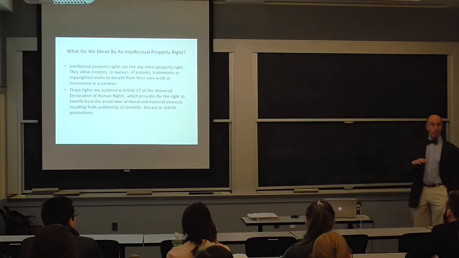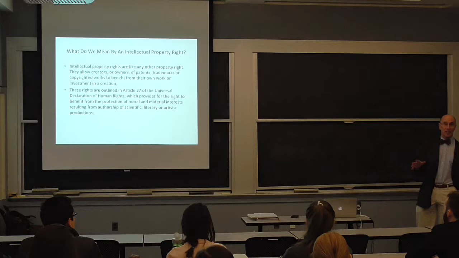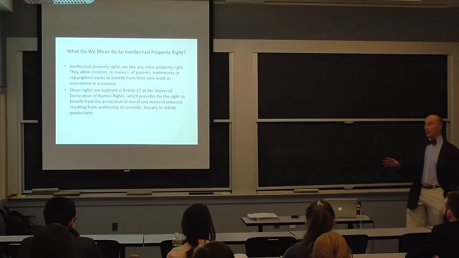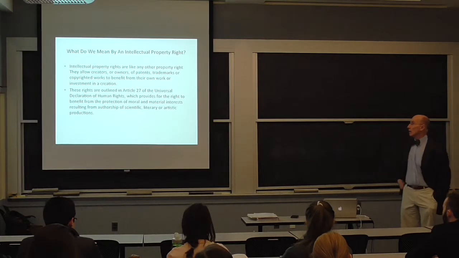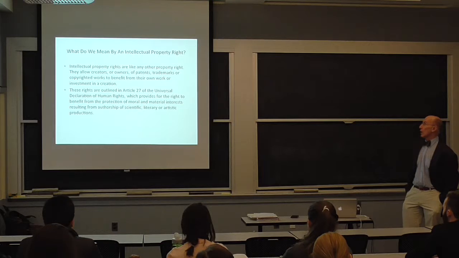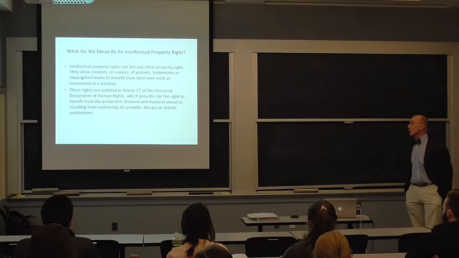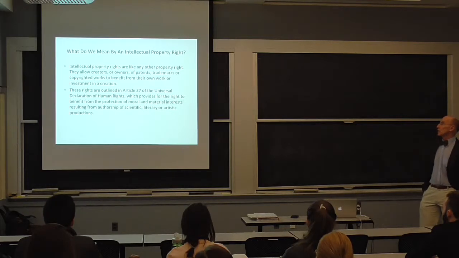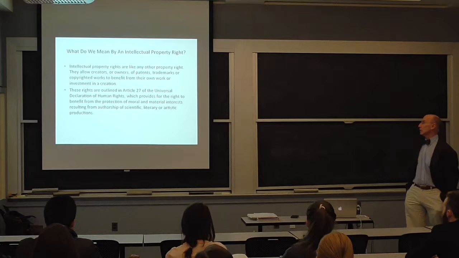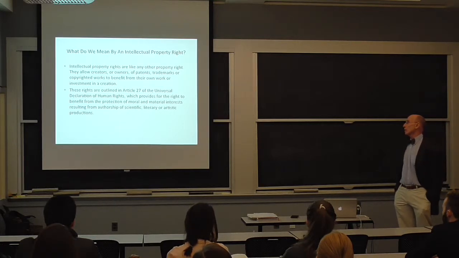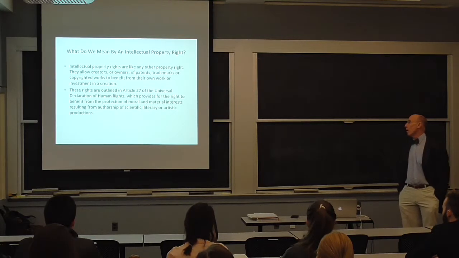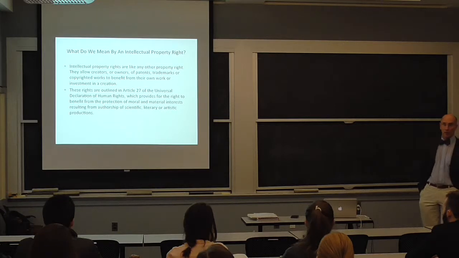Now, to give you some idea of the universality of this concept, intellectual property rights are outlined in Article 27 of the Universal Declaration of Human Rights, which provides for the right to benefit from the protection of moral and material interests resulting from authorship of scientific, literary, or artistic productions.